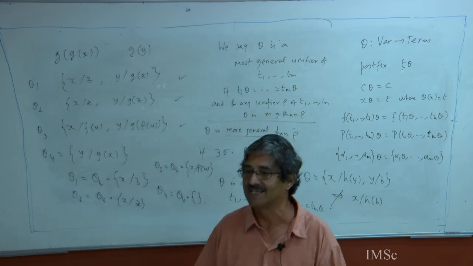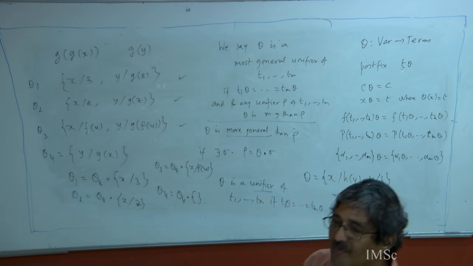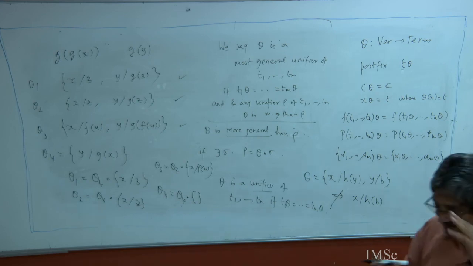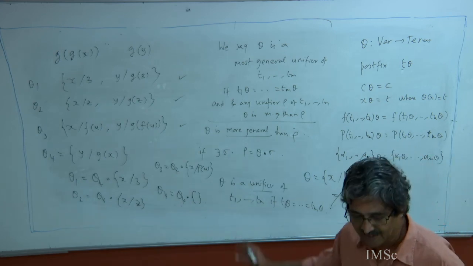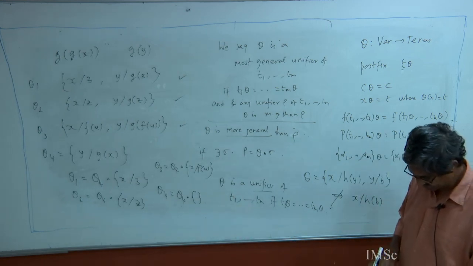They are both identical substitutions, except up to renaming of variables. So you can have two different most general unifiers for a set of terms, but they are identical up to variable renaming. So it's unique up to variable renaming. That's why you have to say a most general unifier. It's not the most general.